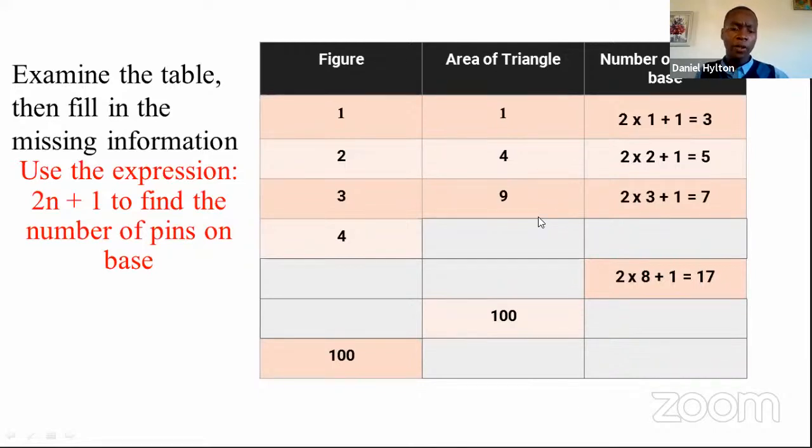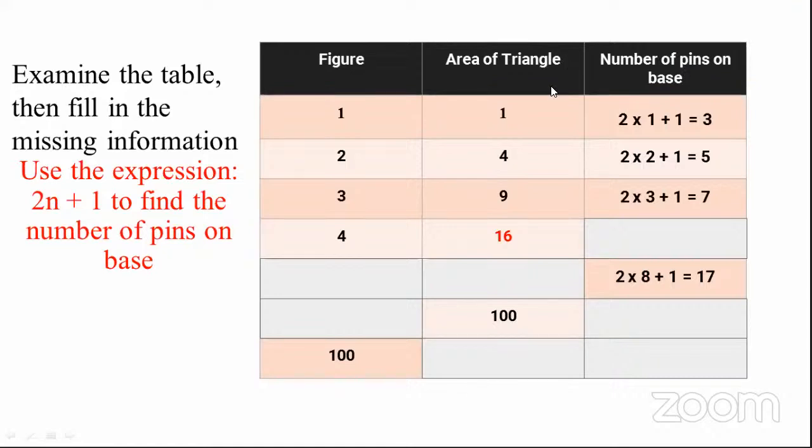All right, so with that bit of information, we're at figure 4. So what would the area of triangle 4 be? The responses had flooded the chat.